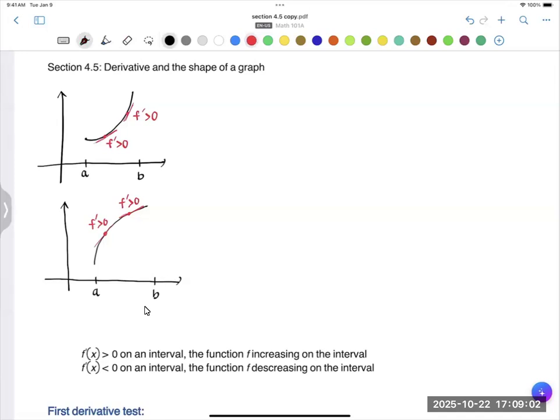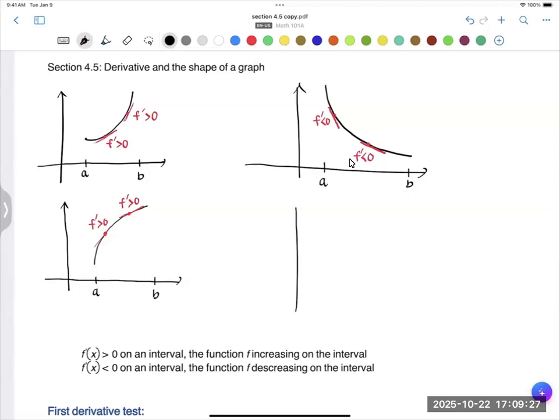I can also have a graph that looks like this, and this is a decreasing function. Between A and B, if I draw a point right here and draw a line, the line goes downward, so my slope is negative.